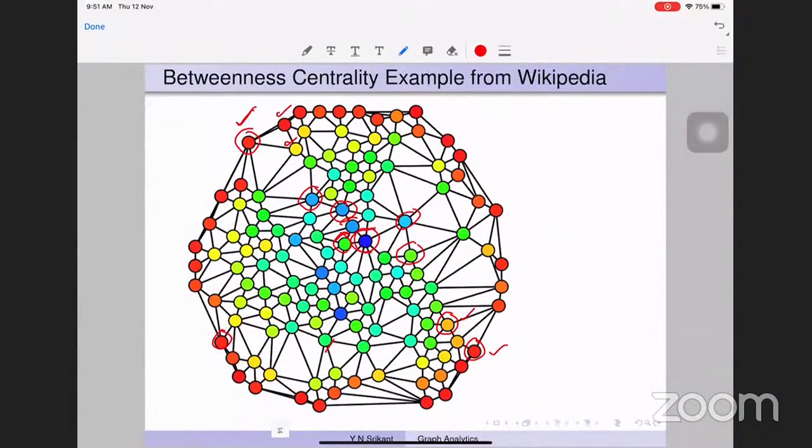So if this is removed, a lot of disruption in the network may happen if this is the message network. Whereas if I remove this, not much may get altered. And such central nodes also indicate the influencers. For example, if you consider this node corresponds to a leader, either political or industry or academic, it's a different matter.